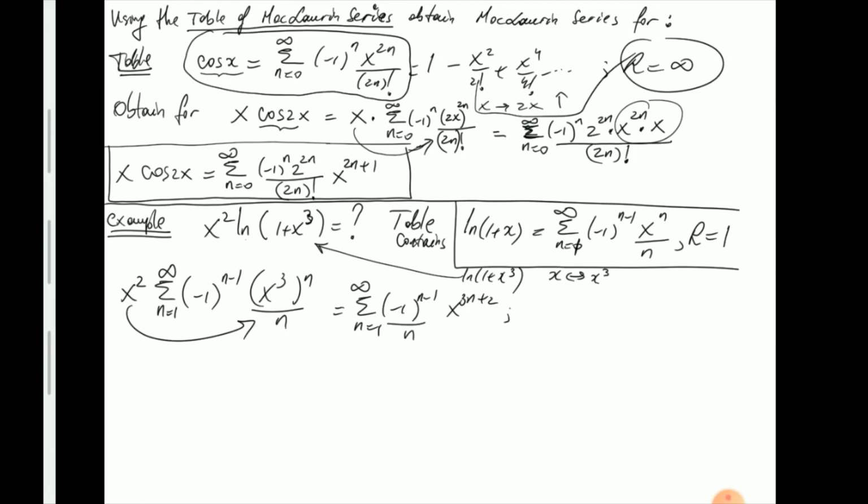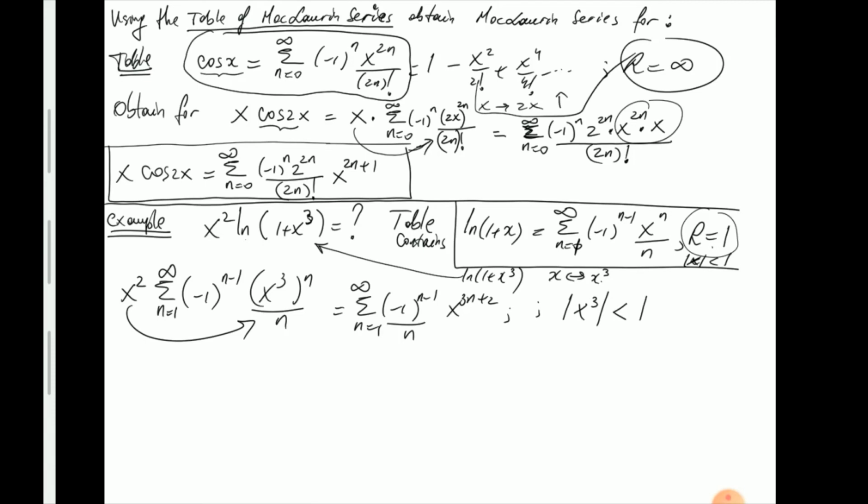Now, because you replace x with x third and the radius of convergence is 1, remember that means the series is valid for absolute value of x less than 1. Which means when you replace x with x third, you have to make sure that x third is now between 1 and minus 1.